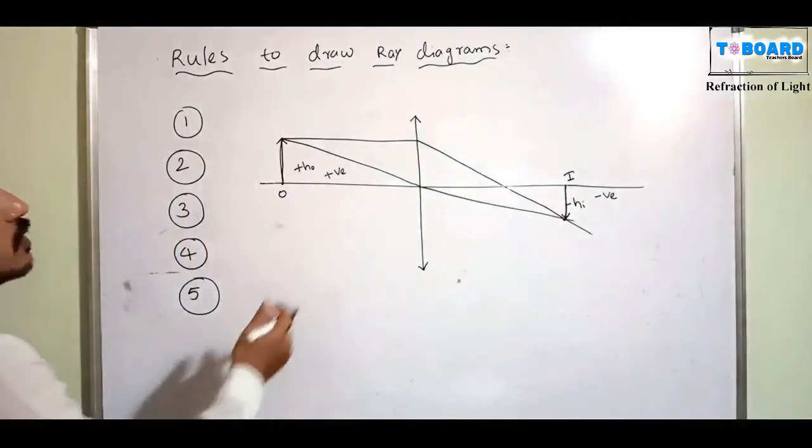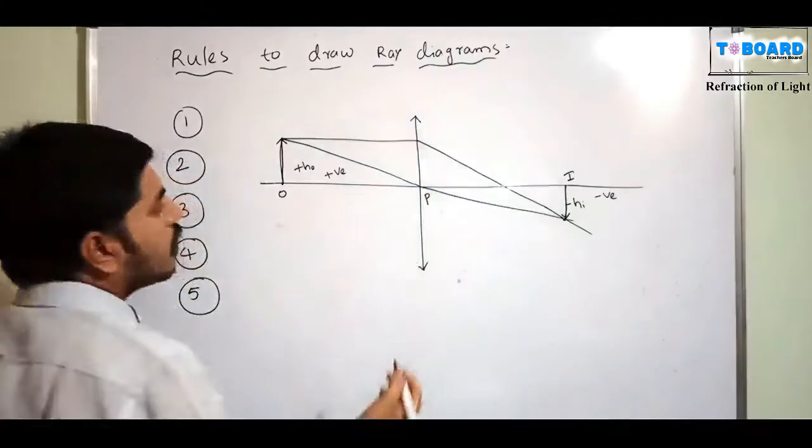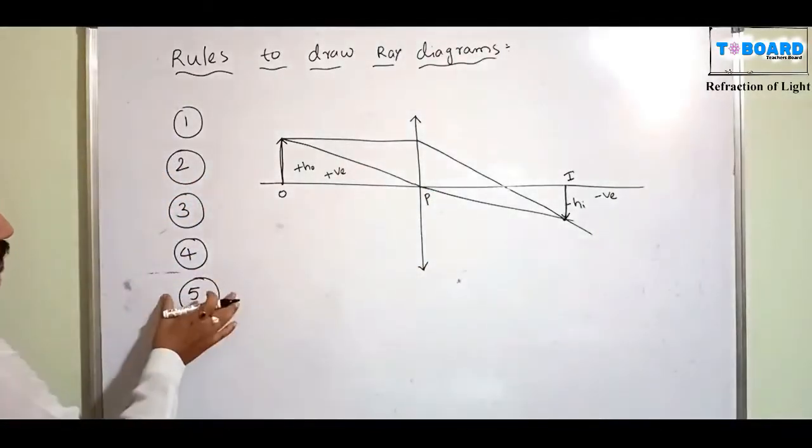Right. Here this is the optic center, we already know that. So the 5 conditions are completed.